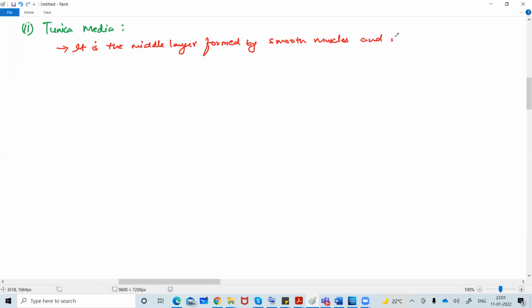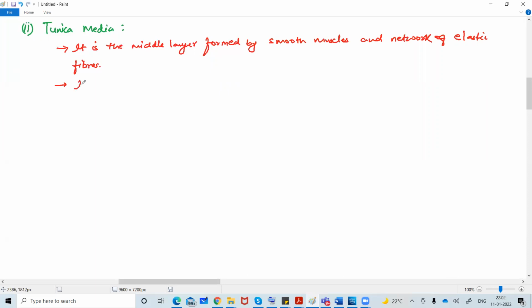and network of elastic fiber. We know that your blood vessels slightly stretch. So the stretchiness, expansion and contraction property in the blood vessels, generally in the arteries, is due to the presence of these elastic fibers.